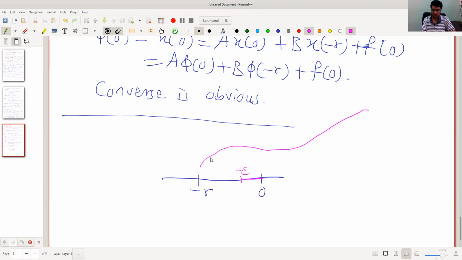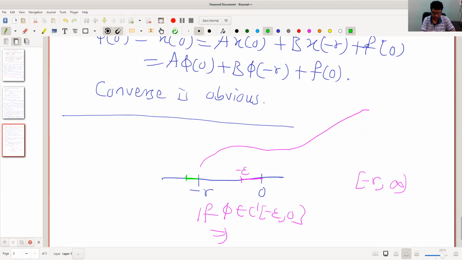Okay, so this solution exists on the interval minus r to infinity. If phi is C1 on some interval, say minus epsilon to 0, then this solution can be extended to the left hand side of minus r.